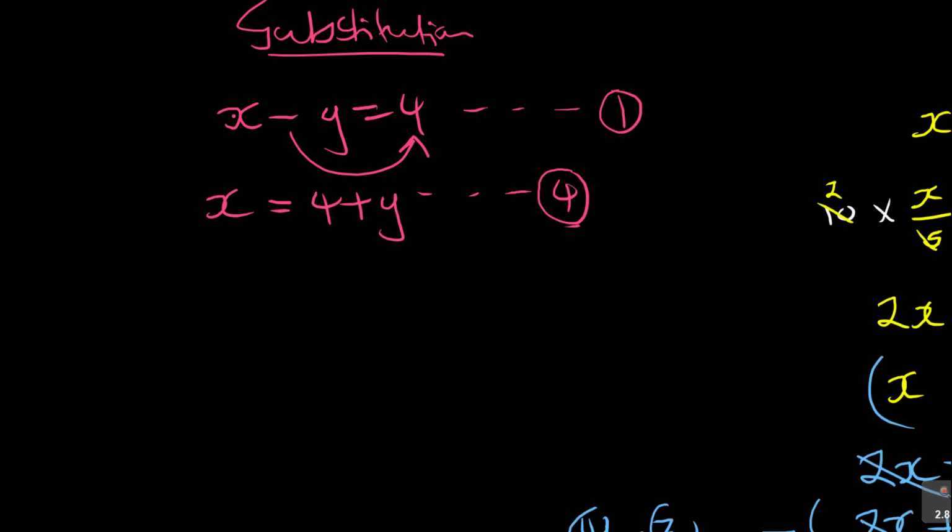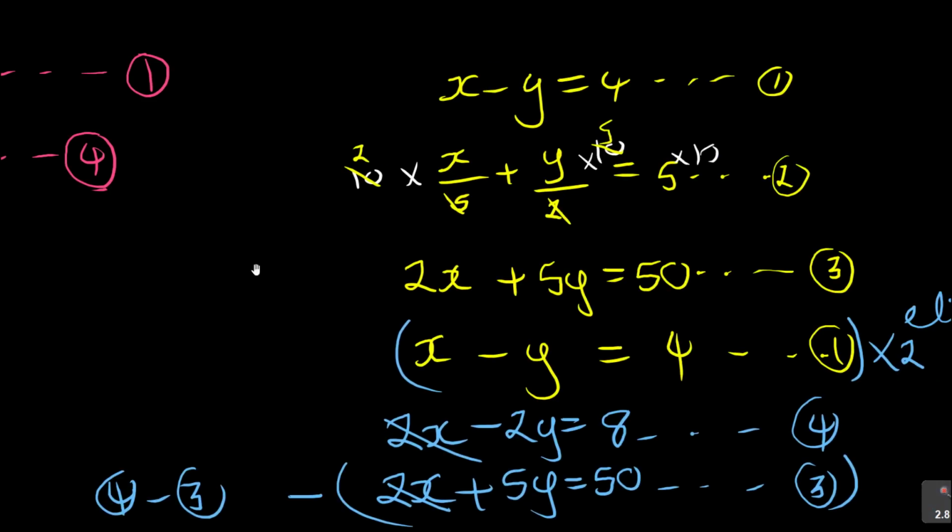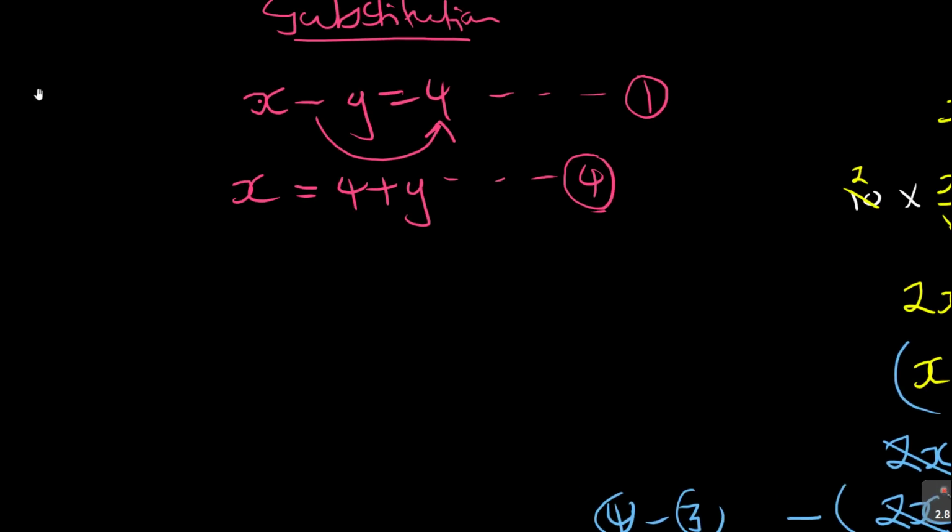Because we already have equation 3, which is 2x plus 5y is equal to 50. So where there is x, I substitute 4 plus y.